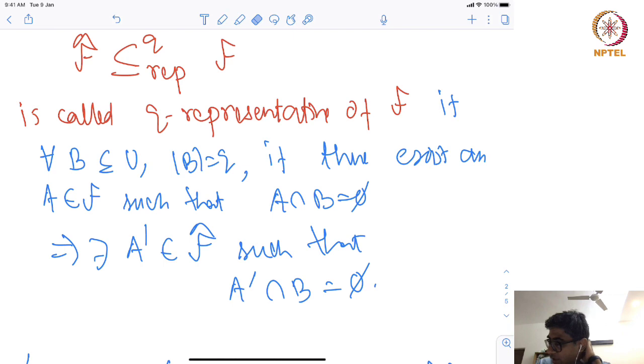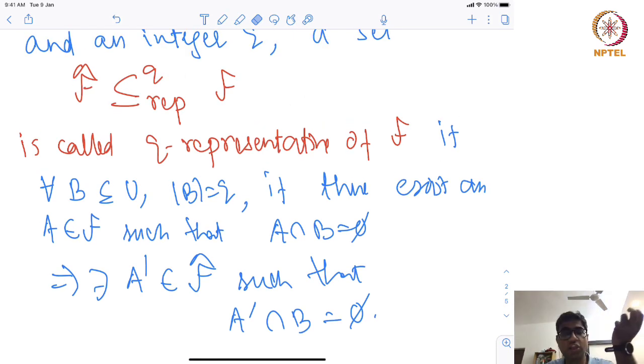These kinds of subfamilies are called Q representative because they maintain the disjointness property of F with respect to all sets of size Q. It represents F with respect to every Q size set in terms of disjointness.